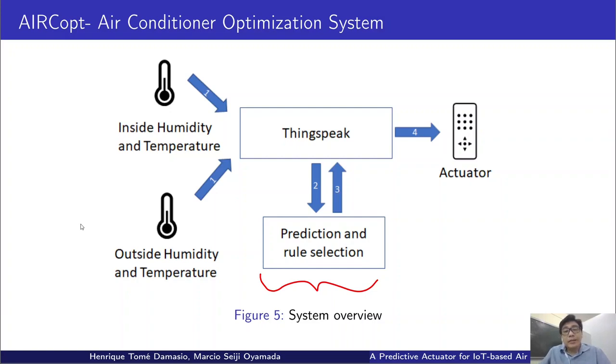The selected operation configuration, for instance, the temperature, or if we have to turn off the air conditioner unit, is written to the ThingSpeak platform and read by the actuator. The actuator sends the selected configuration to the air conditioner unit using infrared commands.